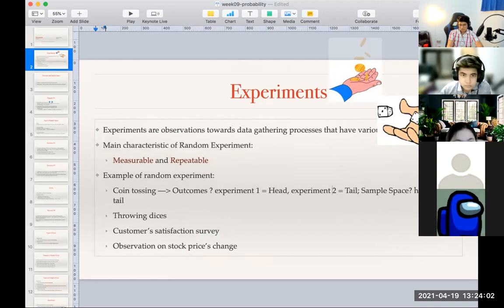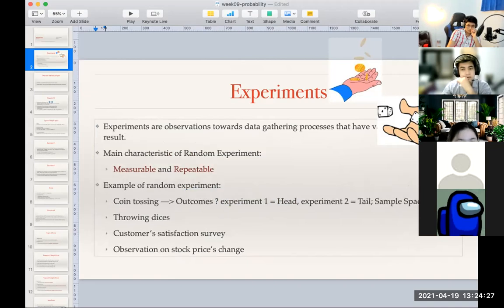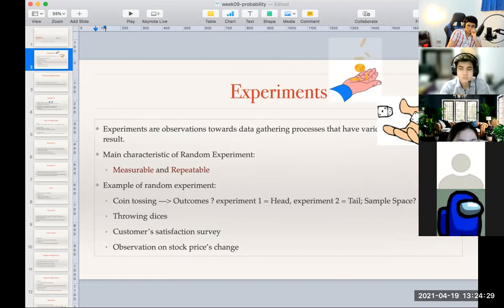It's impossible that in experiment one you get both head and tail just from using one coin. This is impossible unless you use two coins. So the sample space of a coin tossing using just one coin should be head, comma, tail. You list out all the possible outcomes in your sample space.